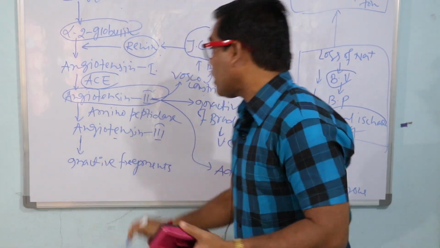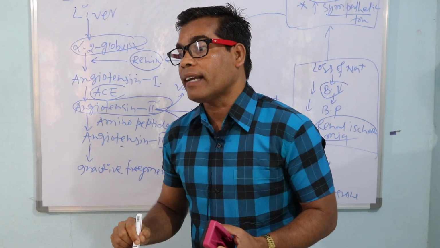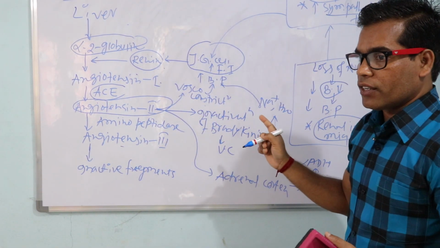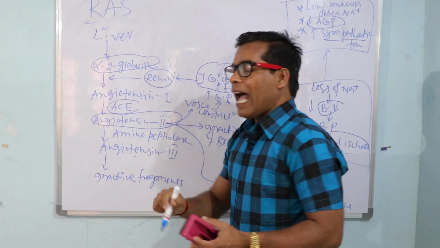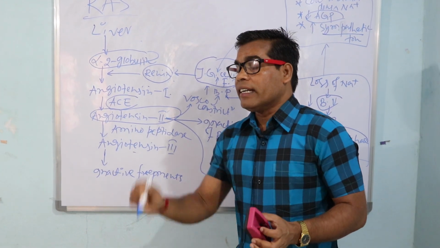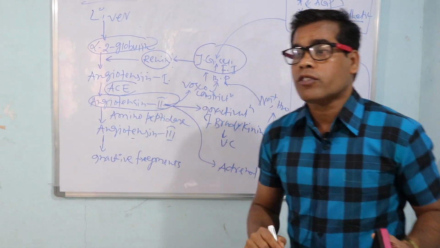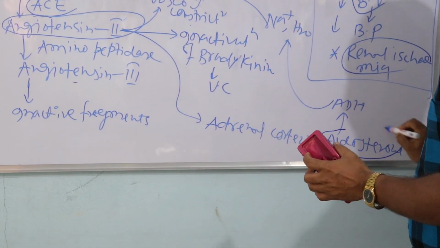The BP decreases. But angiotensin 2 causes inactivation of the bradykinin, so it will cause vasoconstriction. Another major effect is that angiotensin 2 directly stimulates the zona glomerulosa of the adrenal cortex and releases aldosterone.